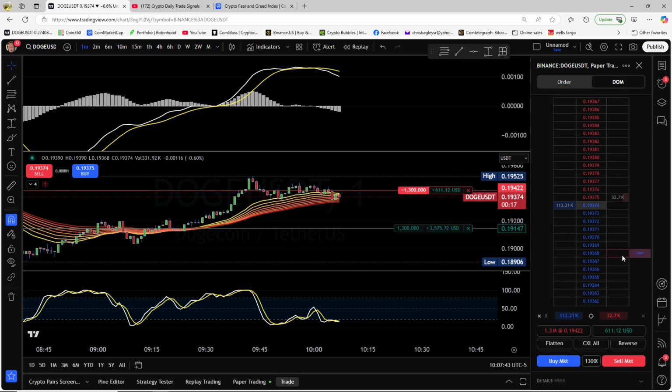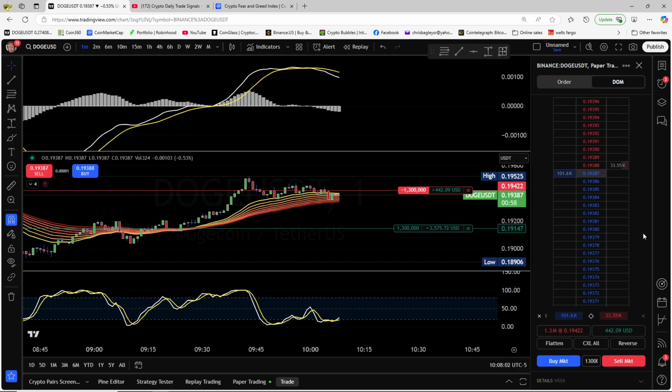Man, these guys. Everything's trading in this same area. There we go. Push it down, boys. Well, buyers just bought a bunch.